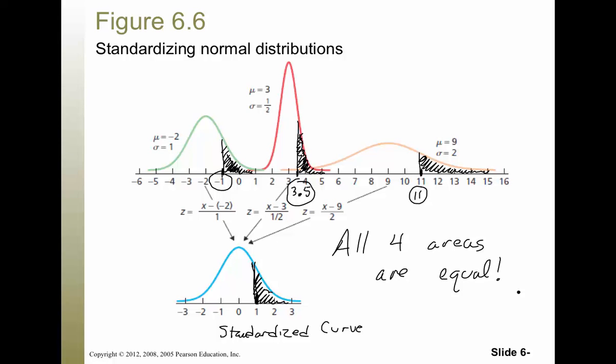It's the percent of the data that lies greater than 1 standard deviation above the mean, which is the same for every normal distribution. For every normal distribution, if you want the percent of the data that lies greater than 1 standard deviation above the mean, it's going to be the same. Because remember, within plus or minus 1 is 68%. Remember that? 68% of the data lies within here.